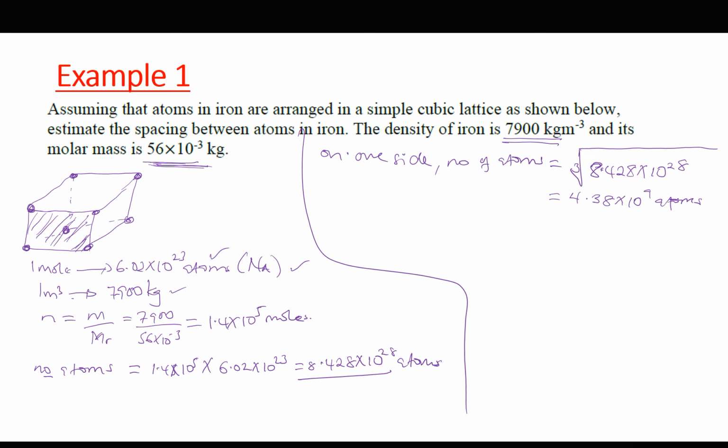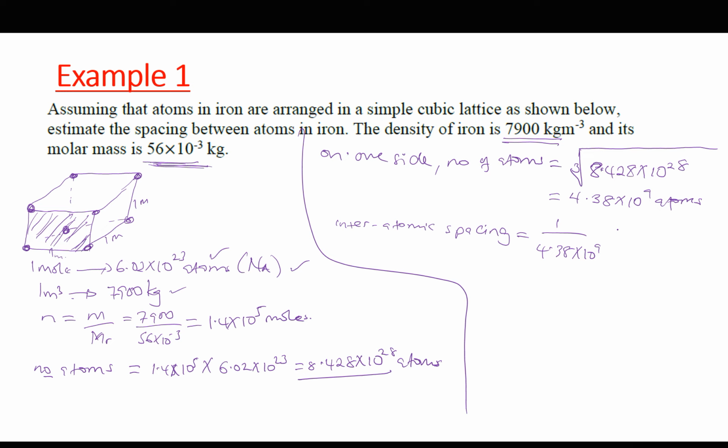But remember, one side of the cube has a length of 1 meter, because this is a cube, 1 meter, 1 meter, 1 meter, and so on. So the interatomic spacing is therefore going to be equal to 1 divided by 4.38 times 10 power 9.